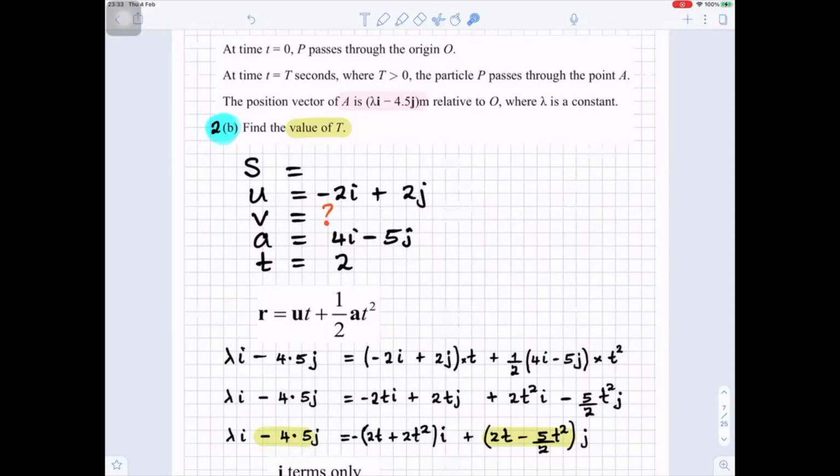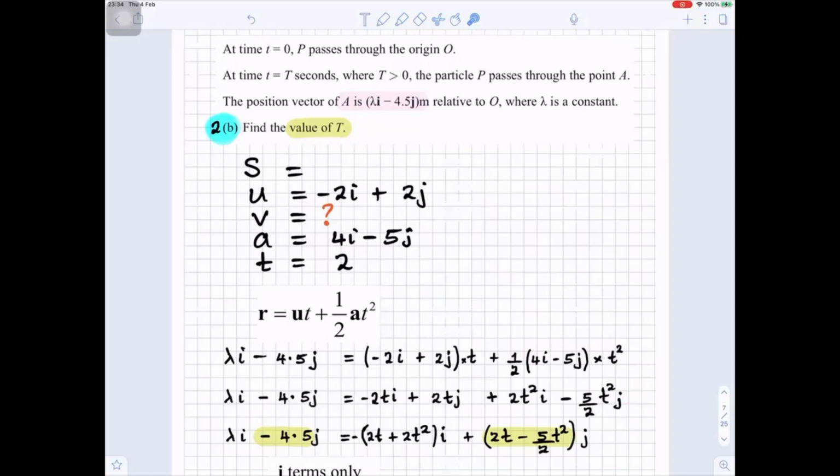We remove the bracket: minus 2i times t is minus 2ti, and 2j times t is 2tj. Half times 4i times t squared gives you 2t squared i. Half times minus 5j times t squared is minus 5 over 2 t squared j.